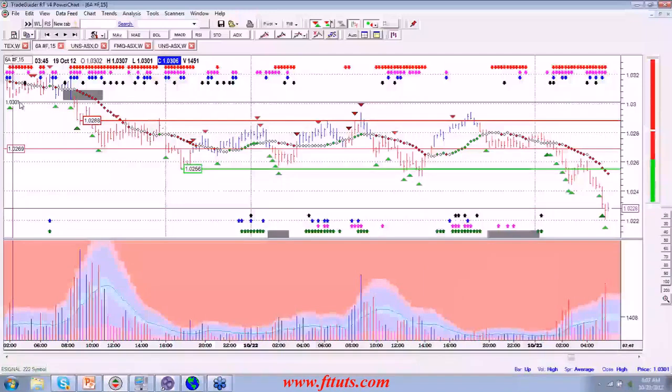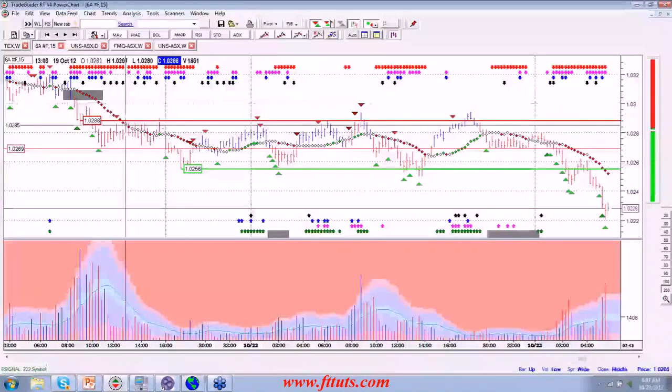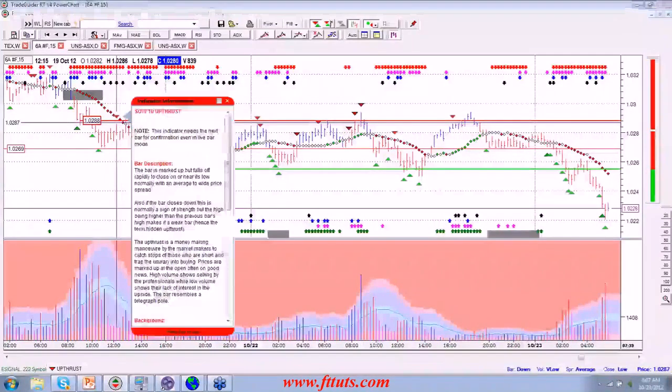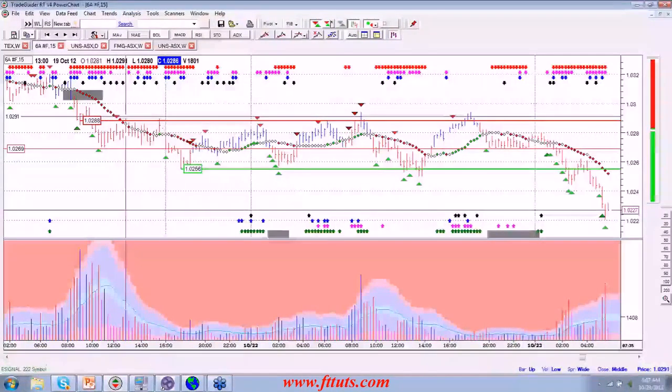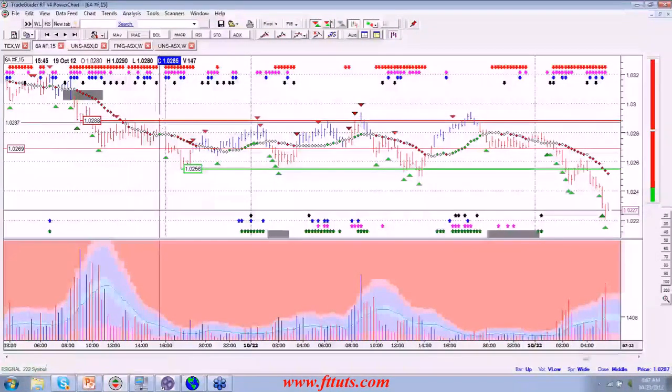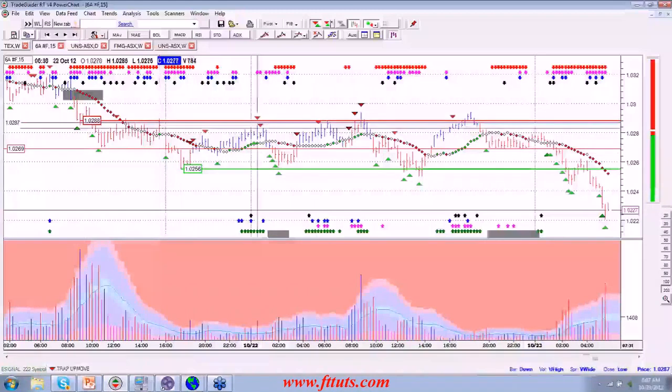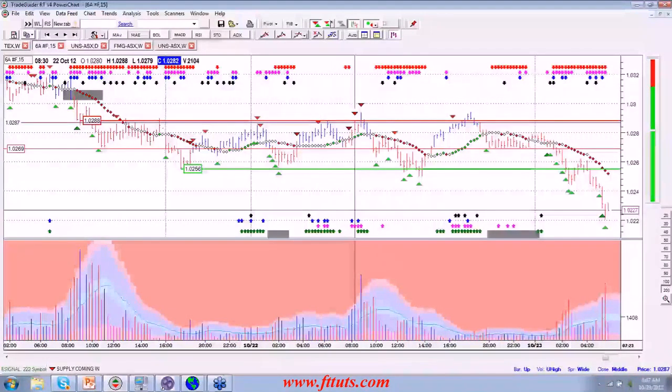So what does the market do? Every time it goes up to the bottom of the gotcha bar, we even get a signal on here. Look, an upthrust. It pushes up, rejects price, pushes up again, rejects it, rejects it. So what is the chance that it's going to be rejected again and again? Chances are much higher. These are higher probability trades.